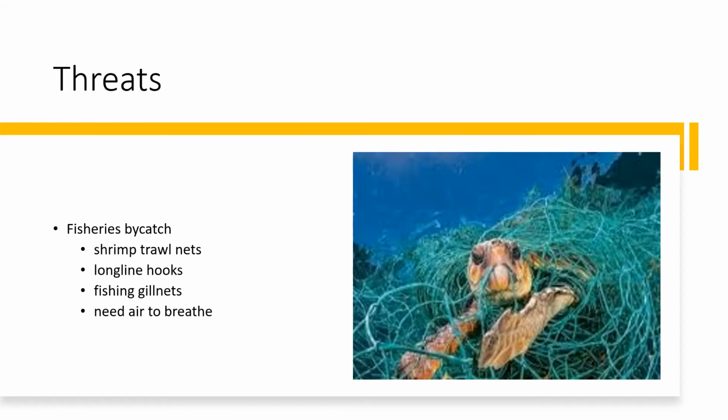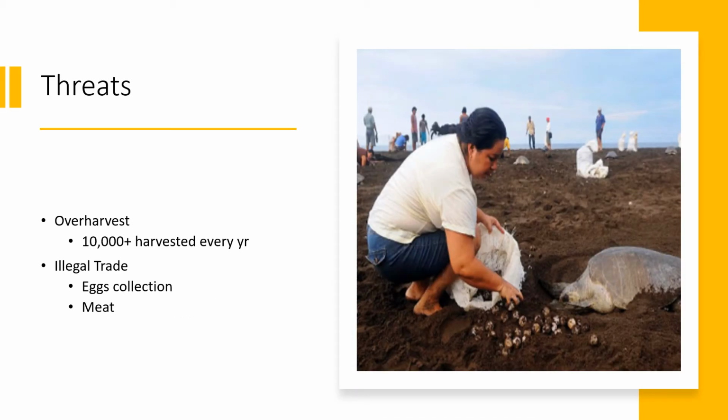Another threat is fisheries bycatch, and this is because turtles need air to survive, and so whenever they get caught in these hooks, they often drown and suffocate. And another human impact threat is overharvesting and illegal trade for the meat and egg collections. And in the picture as well, it's showing a woman collecting eggs on the beach.